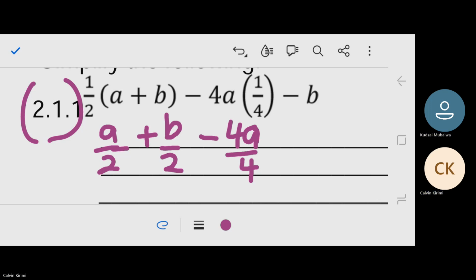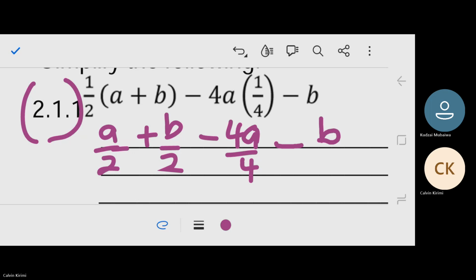Hello? Yes, sir. Are you there? But take note that that negative is not like this. They did not do that. That negative is only my first term. Then you just say subtracting B. You are subtracting what?